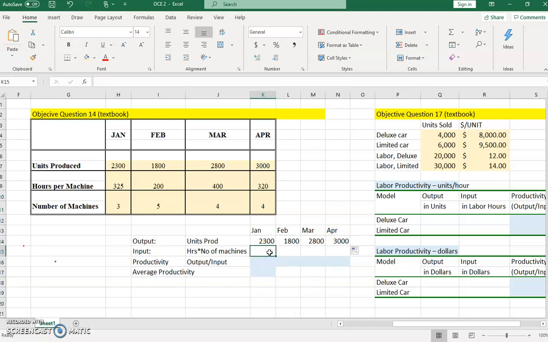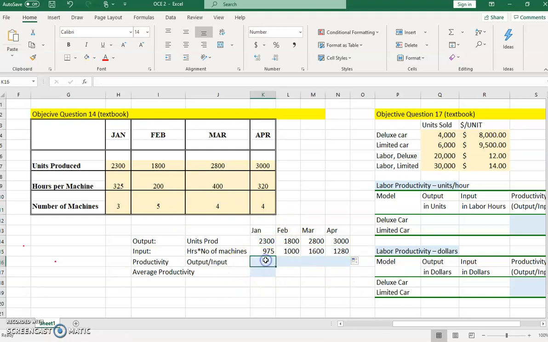The input is going to be the hours times number of machines. So the hours is 325 for January times the number of machines is 3, and that comes to 975, and I'm going to copy and paste that.